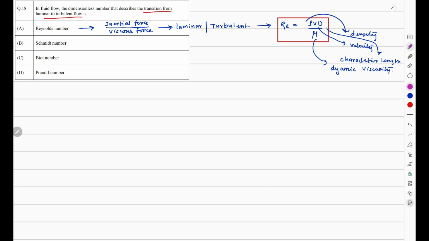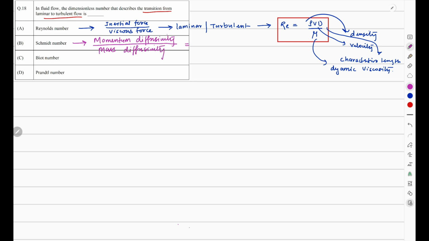Option B is Schmidt number. Schmidt number is a dimensionless number that represents the ratio of momentum diffusivity to the mass diffusivity.